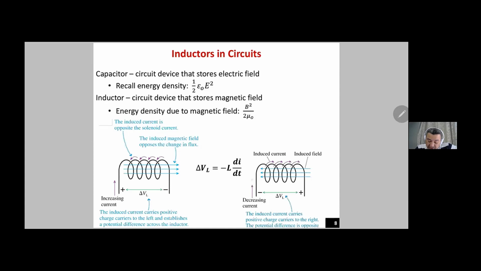The current is going in this direction, decreasing, meaning that the magnetic field is increasing in the opposite direction. So you always have an opposing magnetic field trying to compensate for the change in the external magnetic field, and this is going to result into a current in the direction such that the right hand rule is maintained.